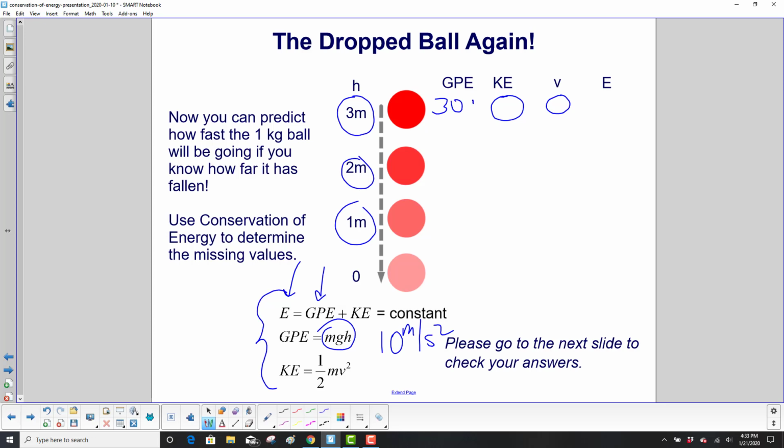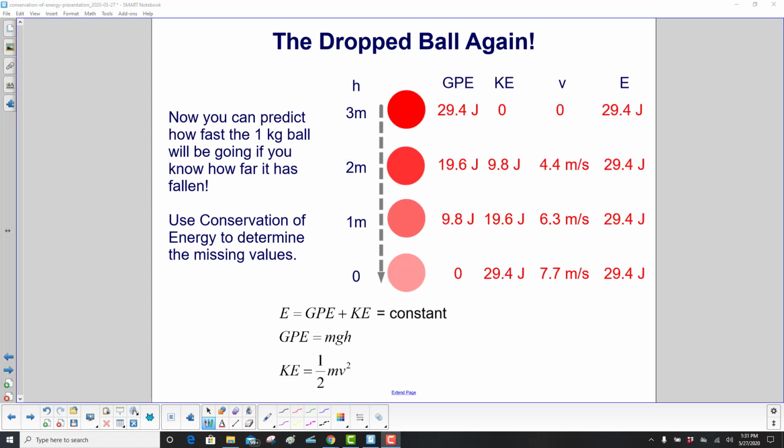So that's our GPE. And since there's no kinetic energy, that also is our total energy. I'm going to put down here that total energy is 30 joules at each point because of the conservation of energy. So please work on filling the rest of this out and go to the next slide to check your answer.